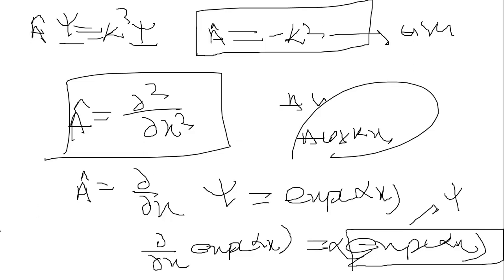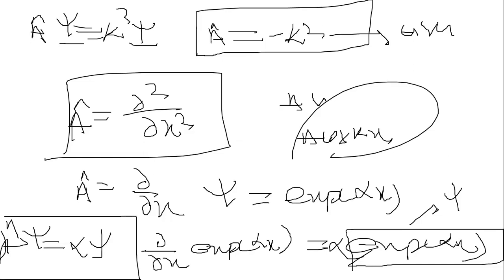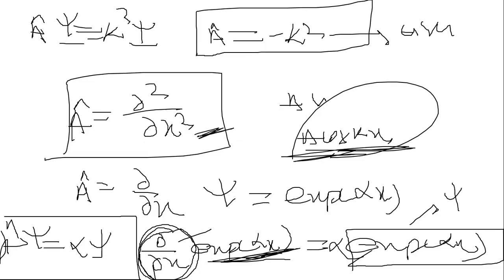So in that case, we are getting A cap psi equal to alpha psi. So the state exponential alpha x is an eigenstate for the operator del by del x.